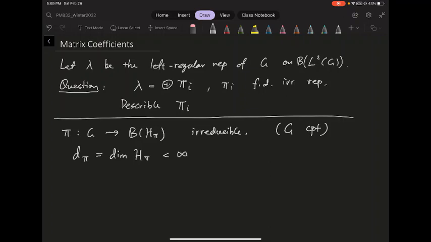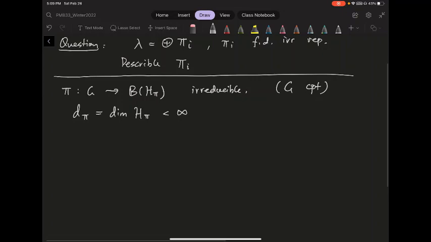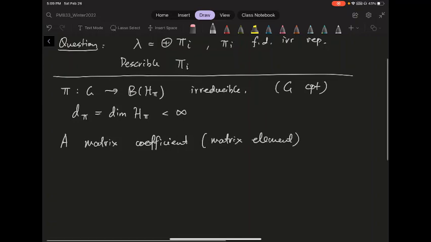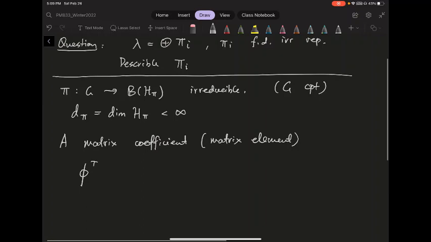All right, so a matrix coefficient, or in Folland's book they call it a matrix element, is the following function. It's essentially a map, let's call it phi, and I use pi to denote the representation. I give you two vectors, u and v, from H pi.